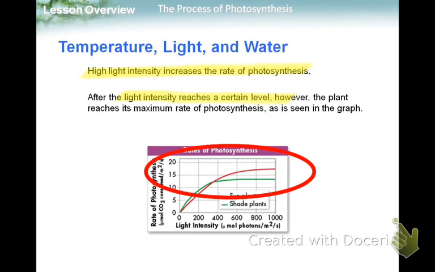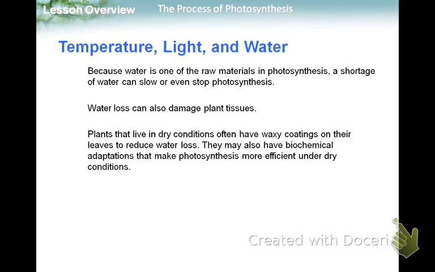We have sun plants and shade plants. Shortage of water can be a problem because plants need water in order to do photosynthesis. Water loss can also damage plant tissues.